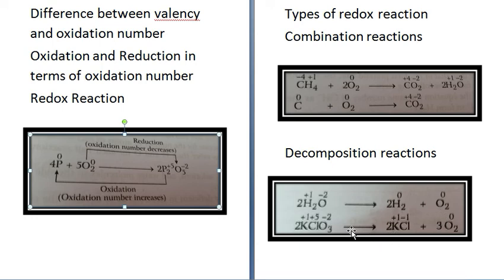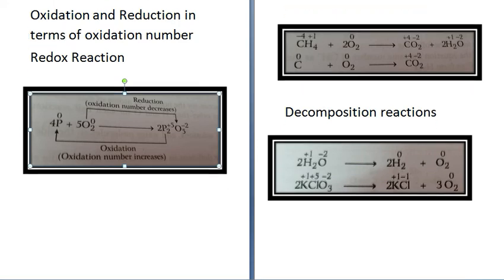Similarly, 2KClO3 is breaking down into 2KCl plus 3O2. Potassium's oxidation state was +1, and it remains +1 because alkali metals always have +1. Chlorine had an oxidation number of +5 and it has become -1. Oxygen had oxidation number -2 and it has become 0.